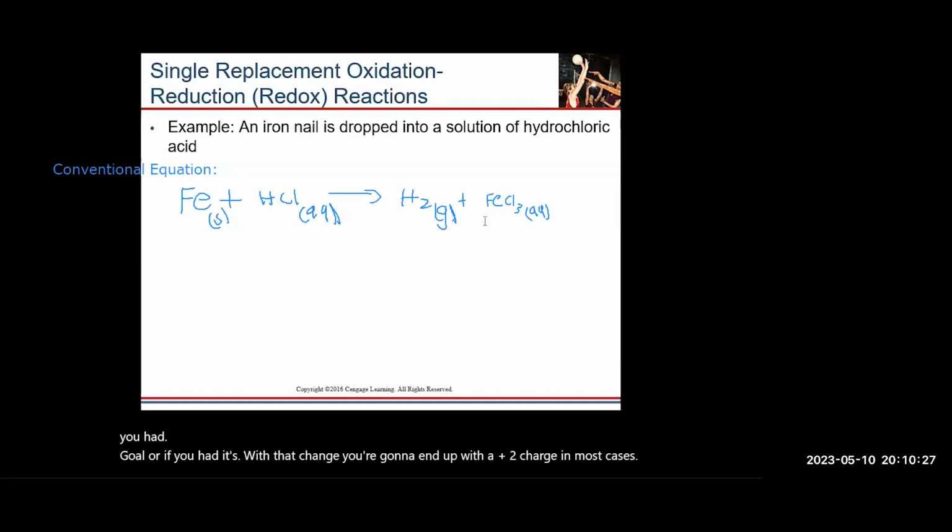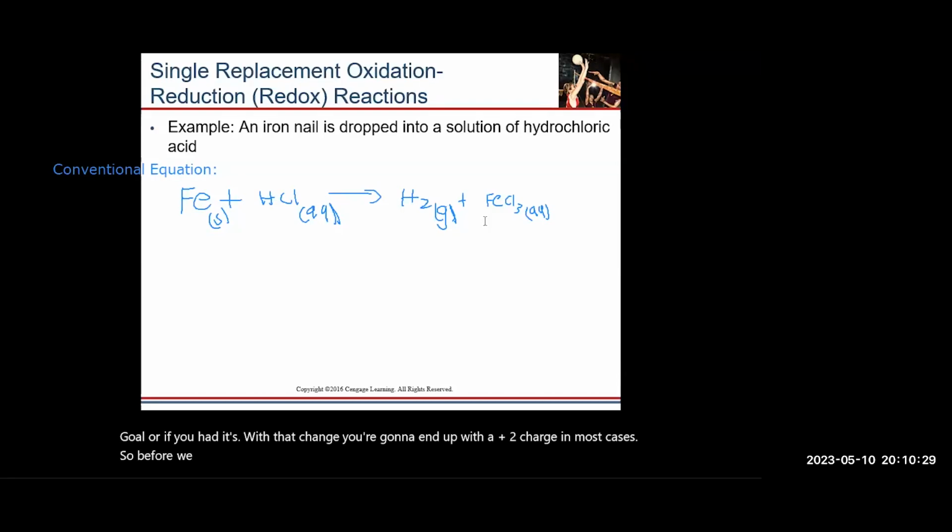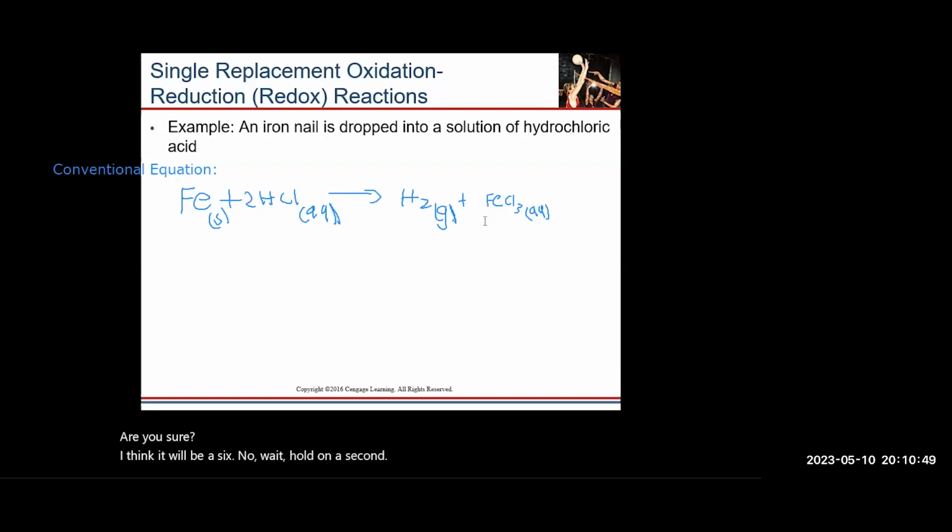So before we continue to the next part, we have to balance out the equation, correct? That is correct. So a 3 in front of HCl and a 3. 2, 3, actually a 3. Are you sure? I think it will be a 6. No, wait, hold on a second. Yes, 6. Did you get that, Alexis?